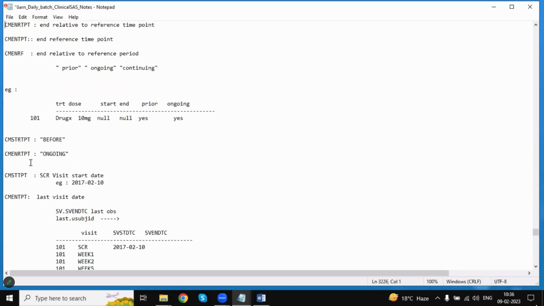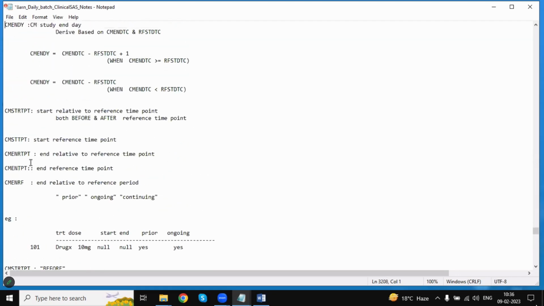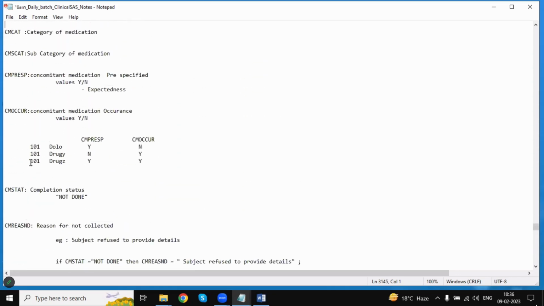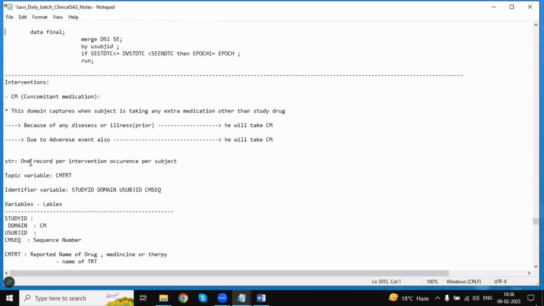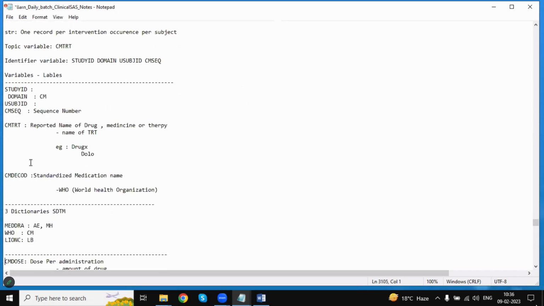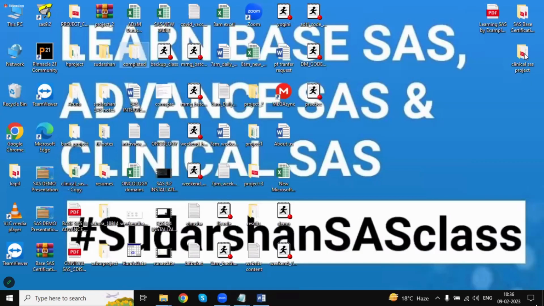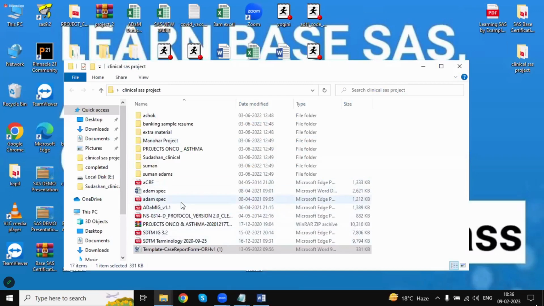That's it. So these are the variables we have in a concomitant medication domain. It looks like so many variables, but it's still an easy, simple domain. See one example.